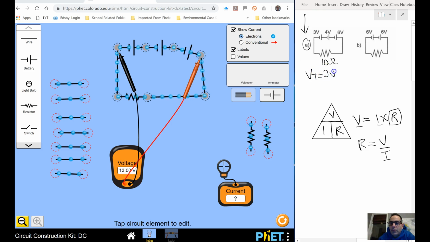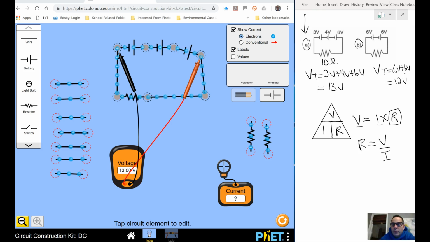So 3 volts plus 4 volts plus 6 volts, and that's going to give you 13 volts. Just like for question B, your total voltage would be 6 volts plus 6 volts, which would be 12 volts.